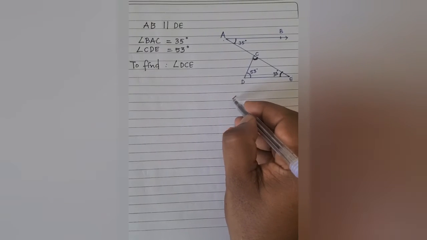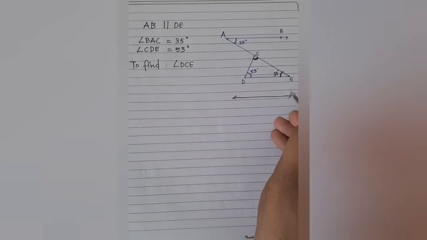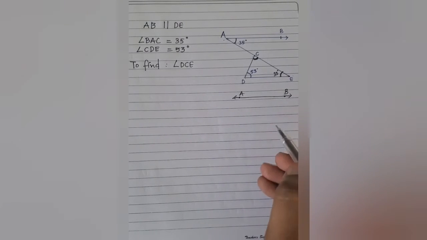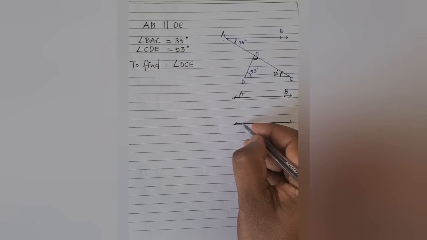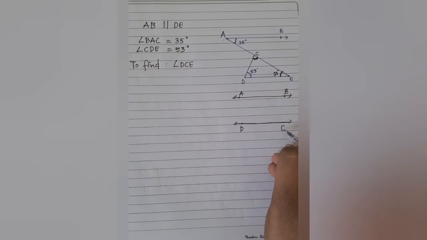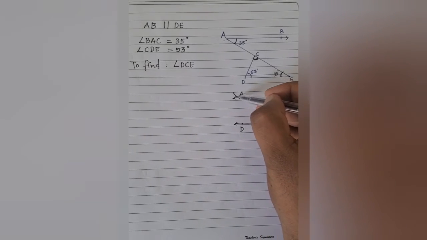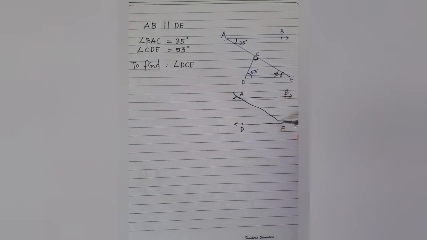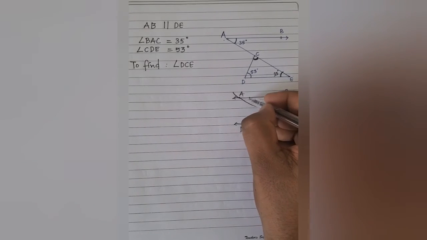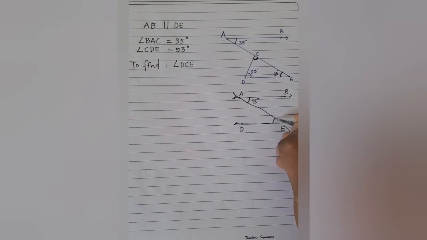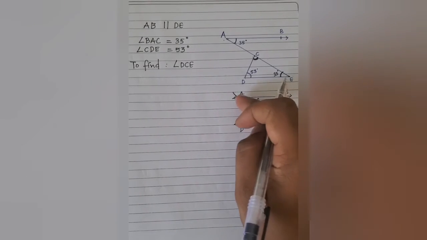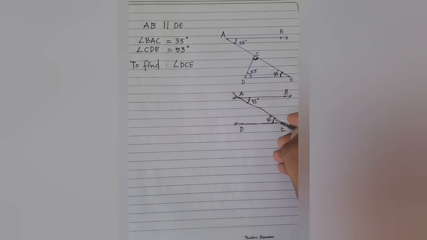If you want, I can draw it over here. Say this is AB, and I have another parallel line as mentioned, DE. So if this is given as 35 degrees, this angle would also be 35.